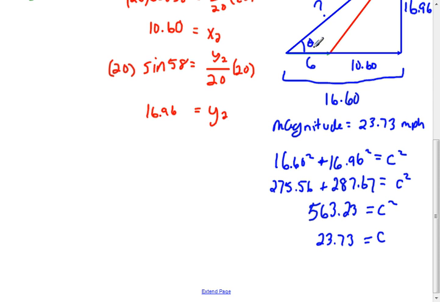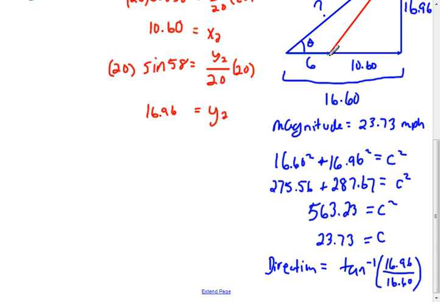This will be our direction. So the direction we can use, I'll write this out. Direction, we'll do tangent inverse of 16.96 over 16.60. We're just using the inverse tangent, opposite over adjacent.